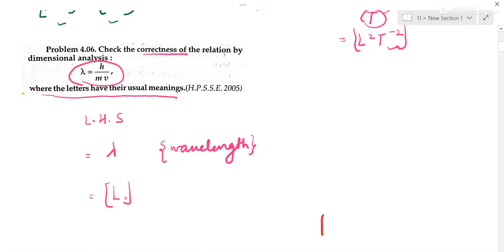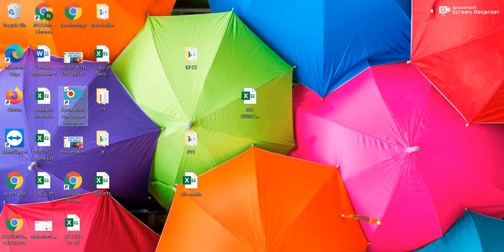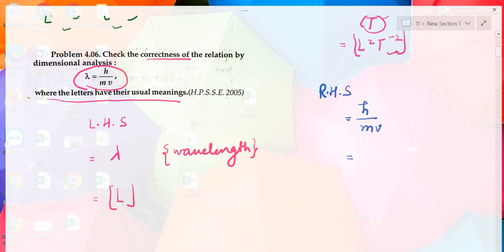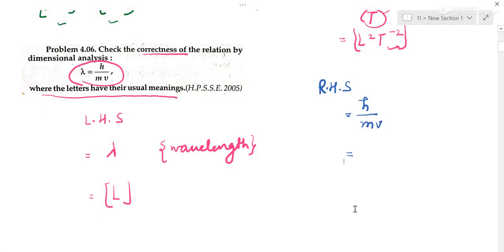Now let us pick up the right hand side. H by mv. H is Planck's constant.